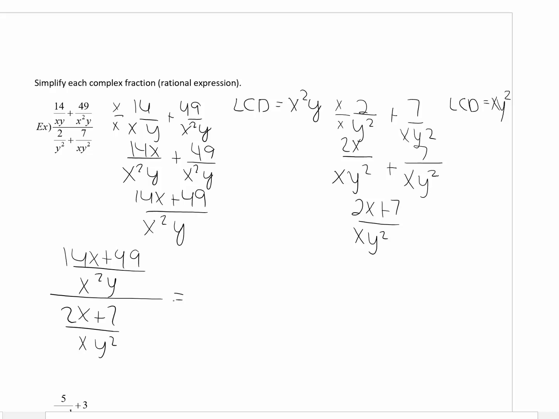So now I can rewrite this as a multiplication problem by taking the numerator and multiplying by the reciprocal of the denominator. Now, for this numerator, I can factor, I can divide out a 7.